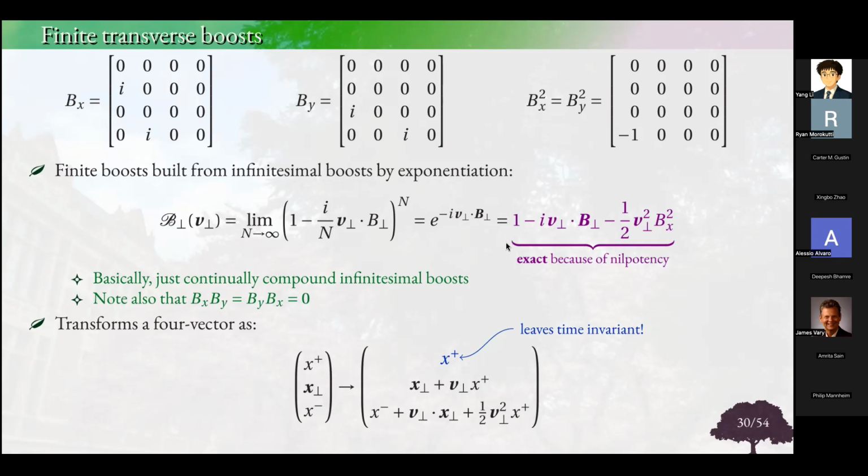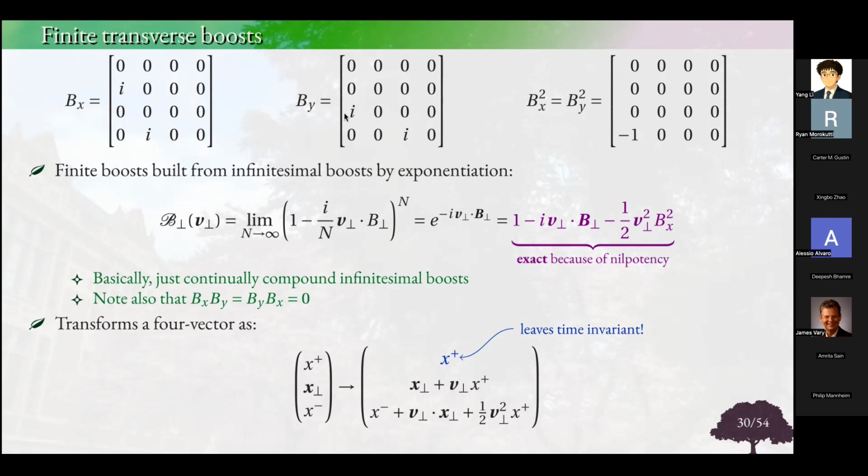So because you have this really nice three-term series, the way that you transform a four vector, in terms of light front components, is you multiply by these matrices and by vperp, and they end up just mapping the time component, the x plus, into something. This is the fact that you have a non-zero component in the leftmost column for bx, the row corresponding to x, and for by, the row corresponding to y.